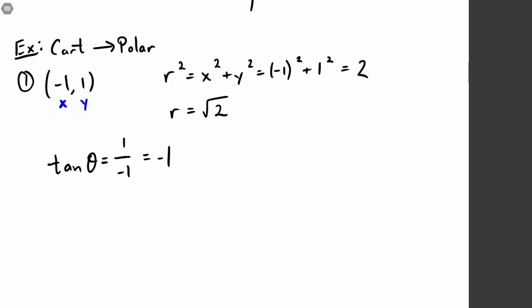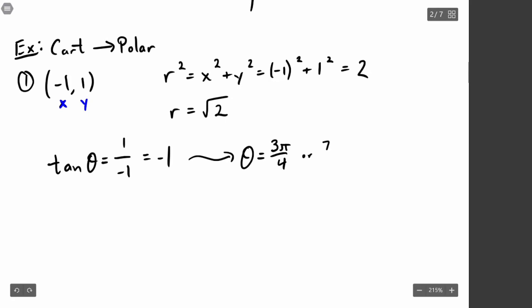So here we have to know: when is tangent theta equal to -1? Well, that happens when theta is either 3 pi over 4 or 7 pi over 4. I mean, it happens at many, many places, but these are the ones between 0 and 2 pi.